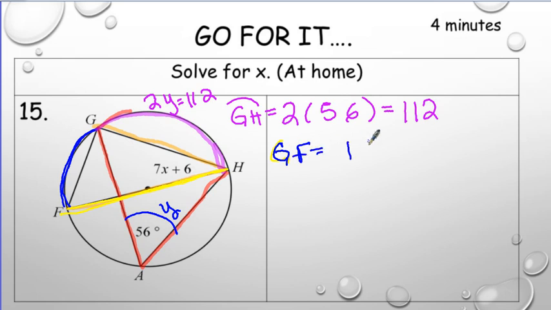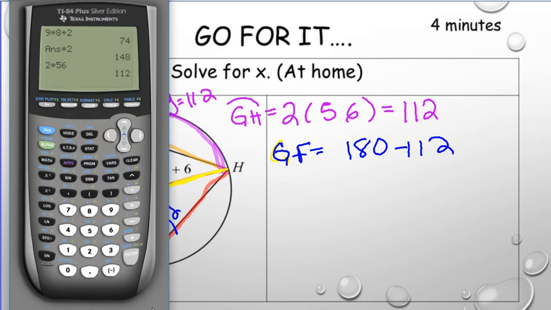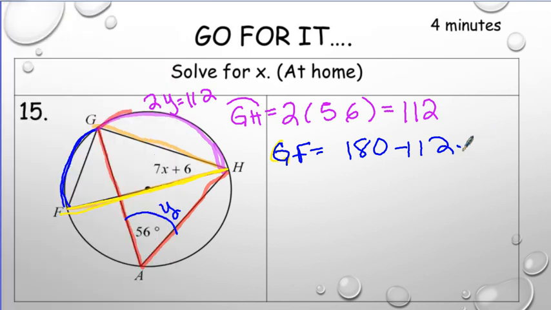GF would equal 180 minus 112. So I'm going to hit 180 minus 112, which is 68. Alright, so now I can go and solve for x.